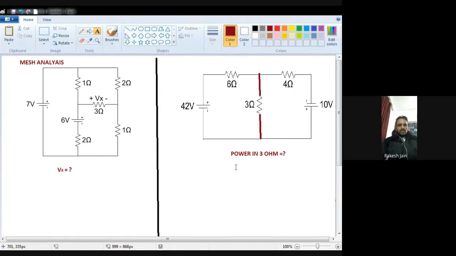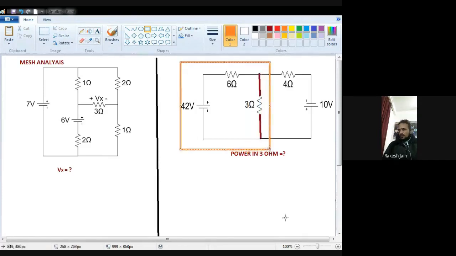First of all, see the numerical and see how many closed paths there are. One by one. In this question, this 42 volt, 6 ohm and 3 ohm form a closed path. So there is one closed path.